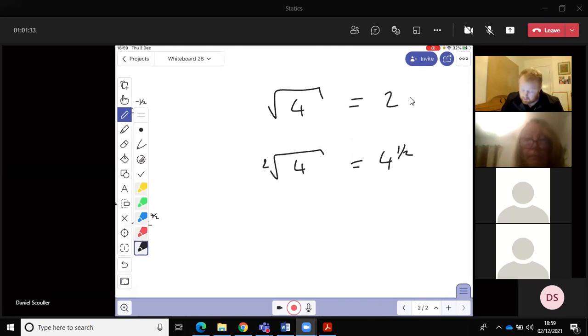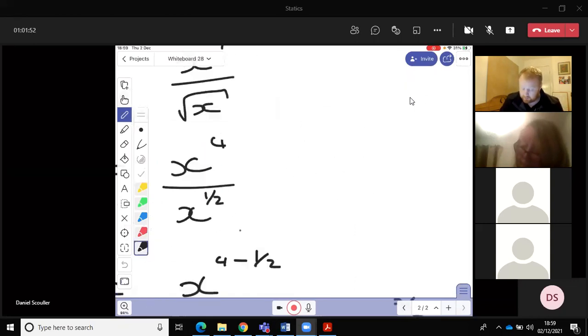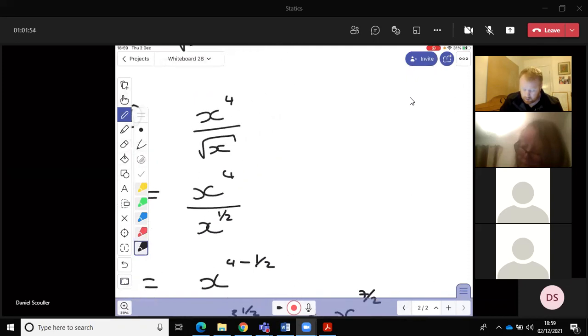So if you had x like that, it'd just be x to the power of half. We just don't write the 2 in front of it. It's just there to confuse you, really. So that x to the half can convert to that.